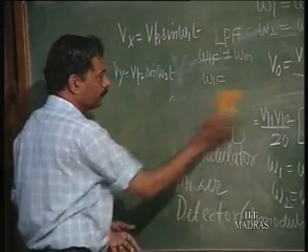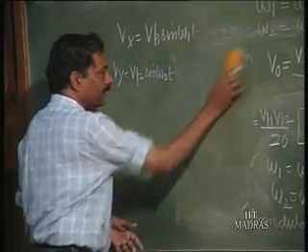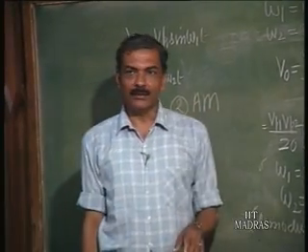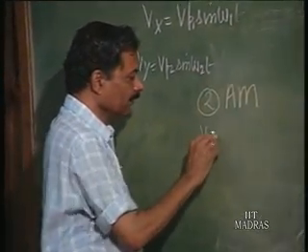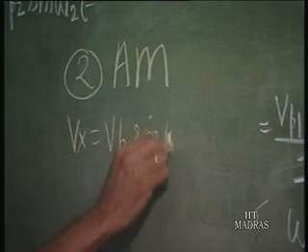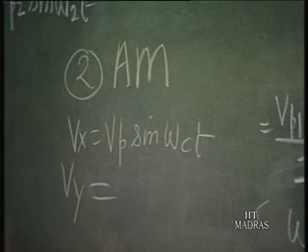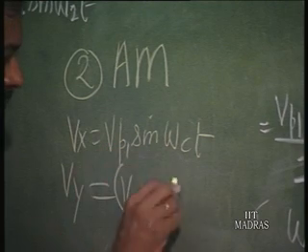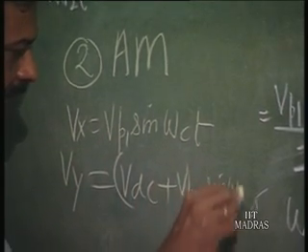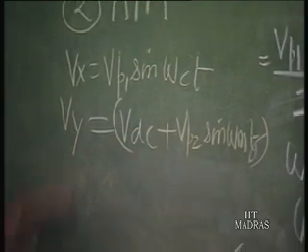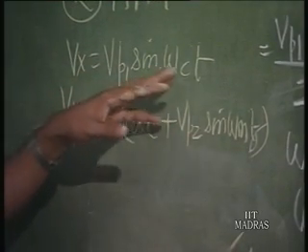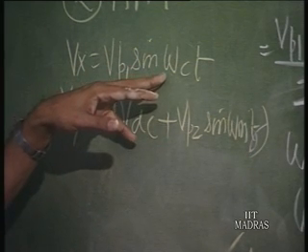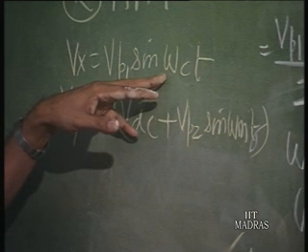What is an amplitude modulator? This we can learn from the fact that an amplitude modulator, an AM circuit, is nothing but a multiplier. Let us say Vx is Vp sin omega ct, Vy on the other hand is a DC plus Vp2 sin omega mt. So, when you multiply, apart from the product component which is sin omega ct into sin omega mt, you have DC multiplied by the carrier, which will give you sufficient carrier to identify the signal properly.